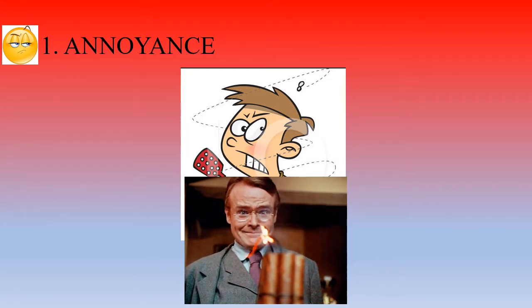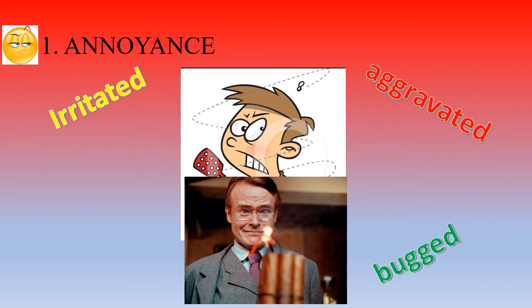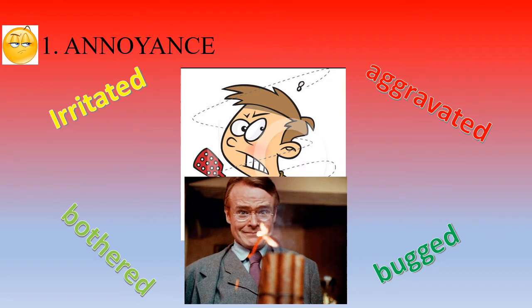Some other words that may be associated with annoyance are words like irritated, aggravated, bugged, and bothered. It's those little things that get under your skin. It's that twinge just under the surface when something isn't how you planned it or something isn't working out how you expected, and that fuse gets lit.